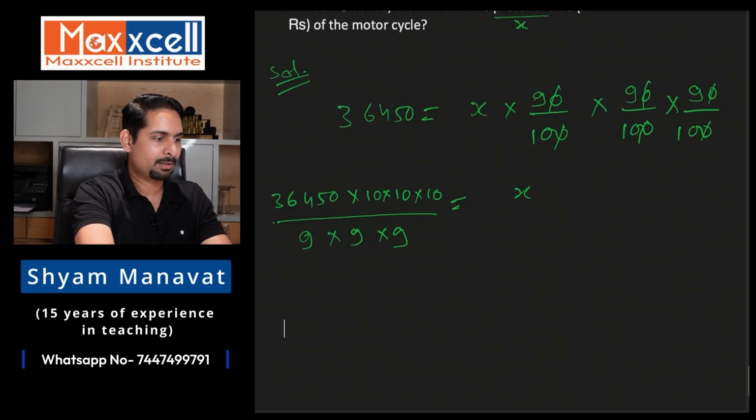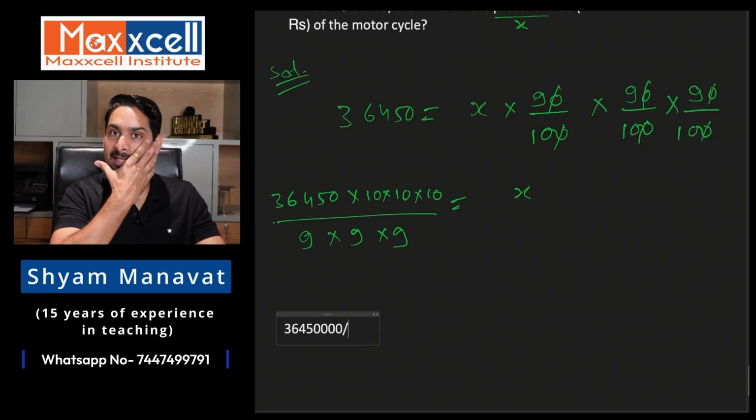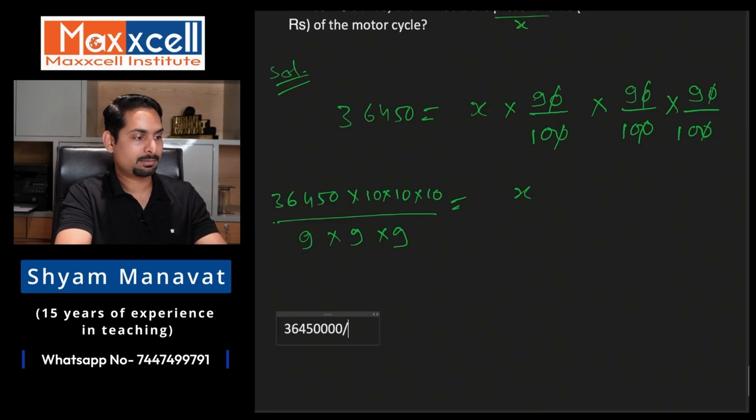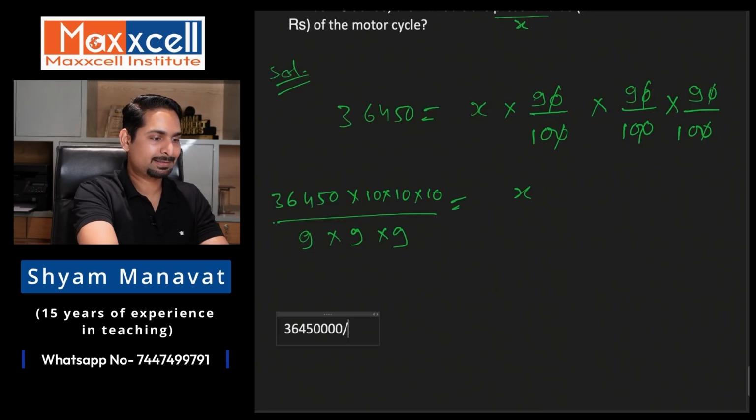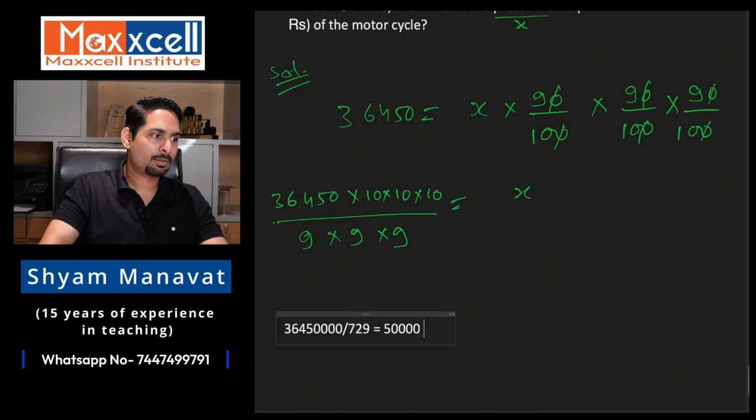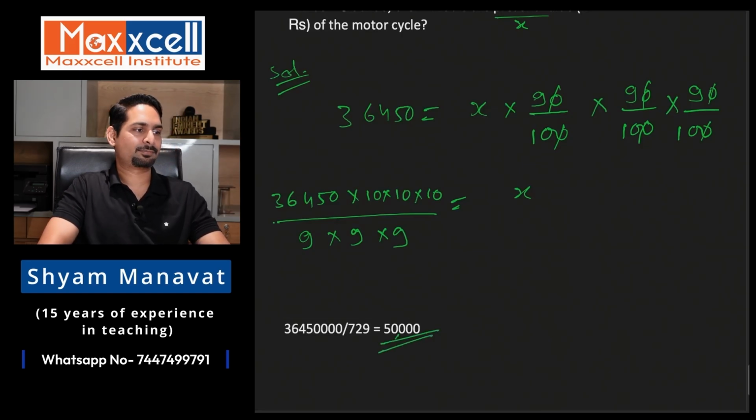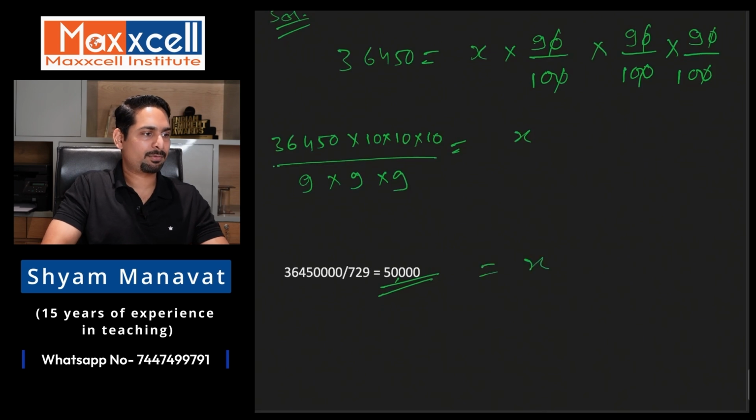So you have 36450 with 3 zeros. This divide by what? 9 9s are 81 into 9 is 729. This gets you 50,000. Okay, the answer here is again 50,000.